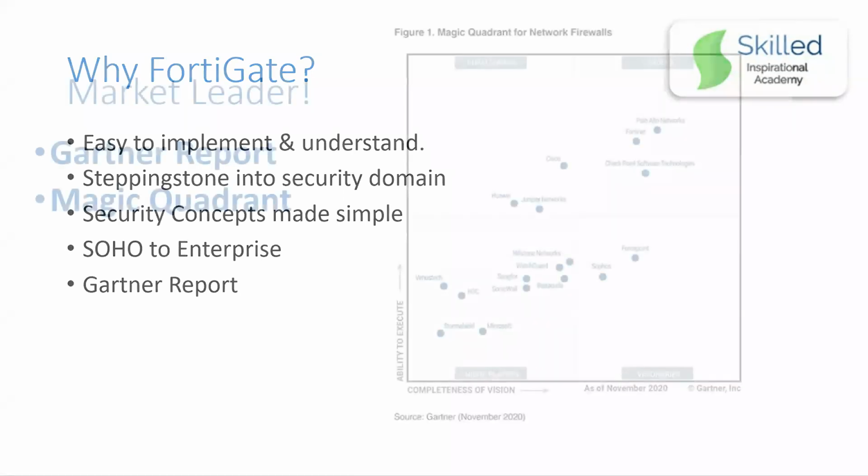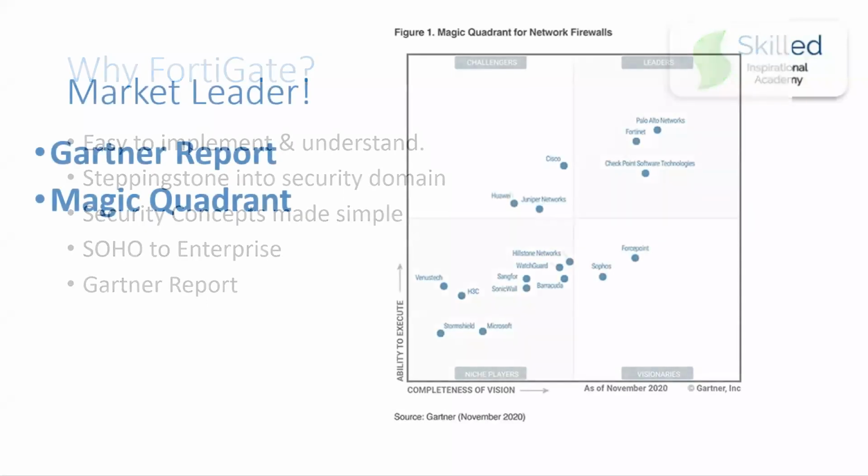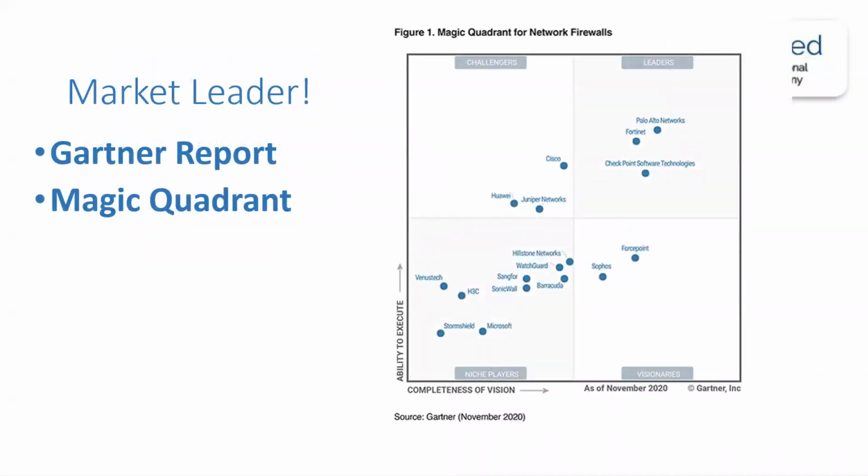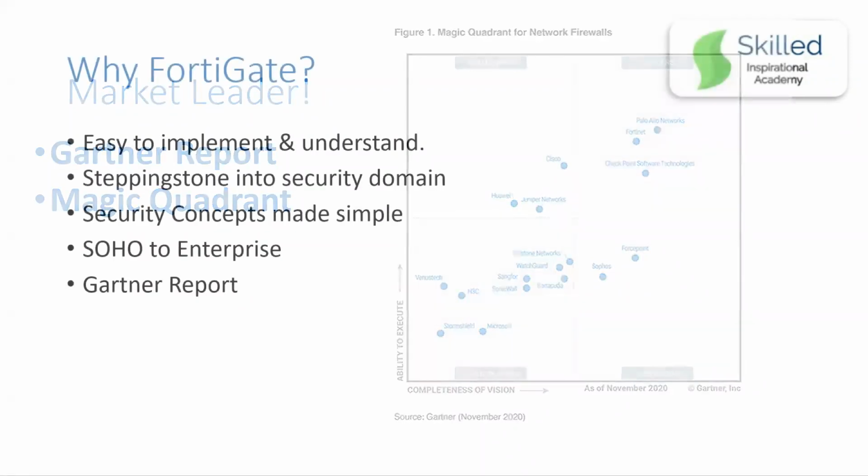Okay, now let's see. Okay, we start off. Can you please, sorry to interrupt, repeat the significance of the SOHO to enterprise point? See, SOHO is small office, home office.